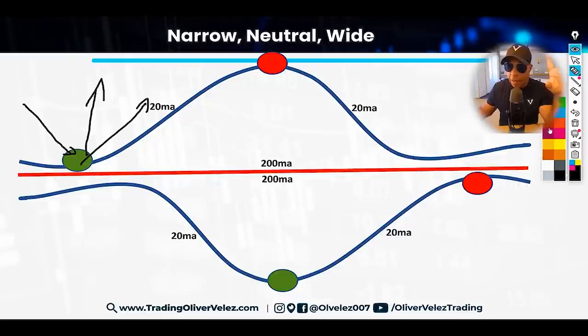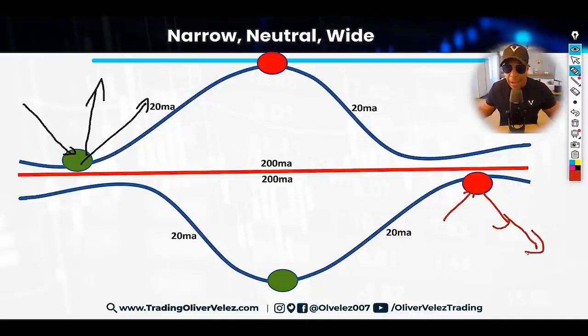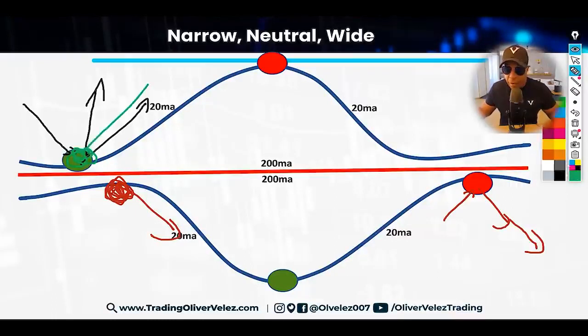Conversely, in the narrow state but under the moving averages, this is the best location to bet down. So the best location to bet down would be here. Boom. The best location to bet up is here. Narrow state above the moving averages, narrow state below the moving averages.